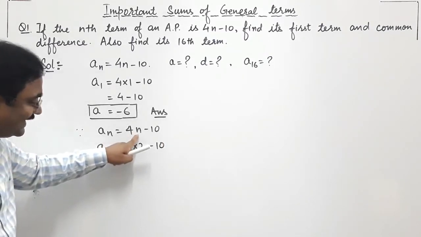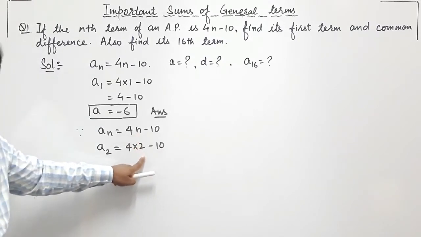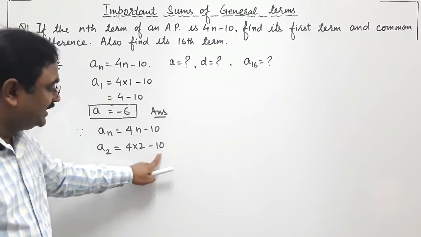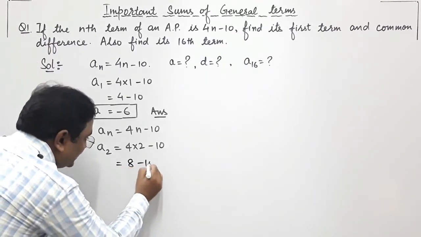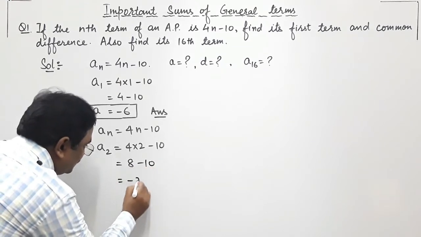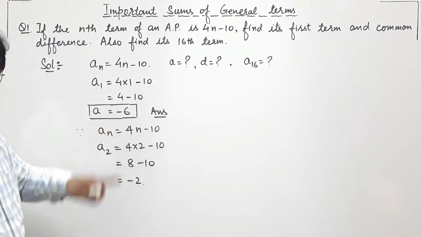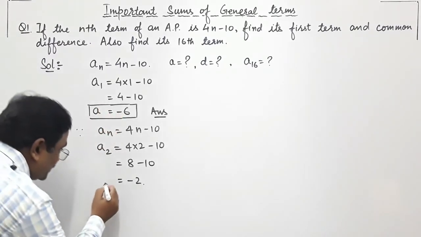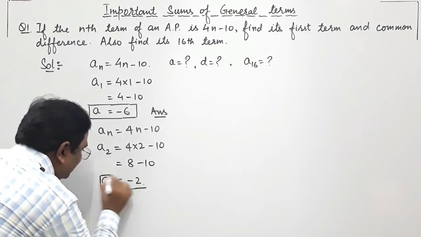So here also, इस n के प्लेस पे भी हमने क्या सब्स्टिट्यूट किया, 2 सब्स्टिट्यूट किया. So 4 2s are 8, 8 minus 10, which is equals to minus 2. So your first term is minus 6, second term is minus 2, which is a2. ये आपका second term है.